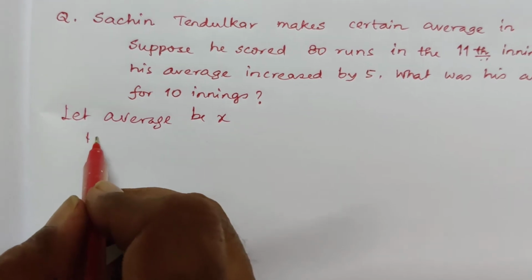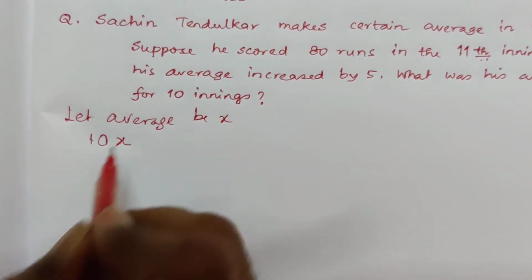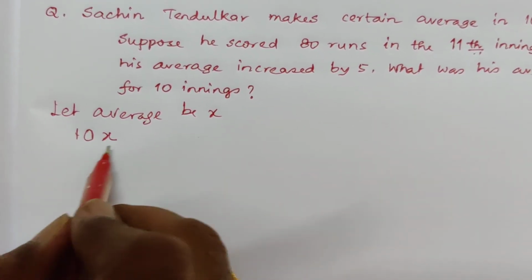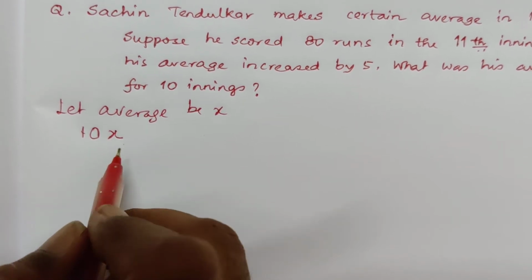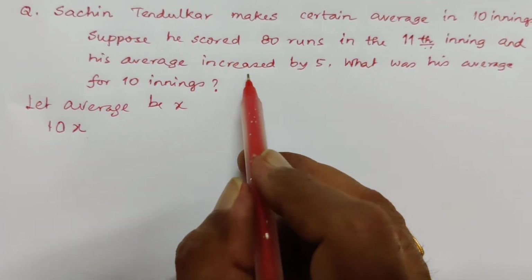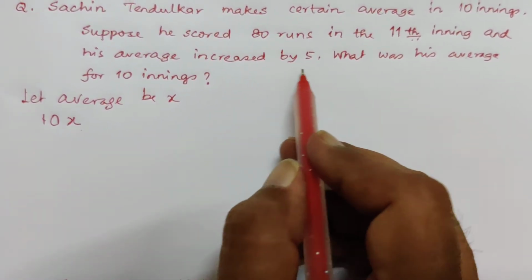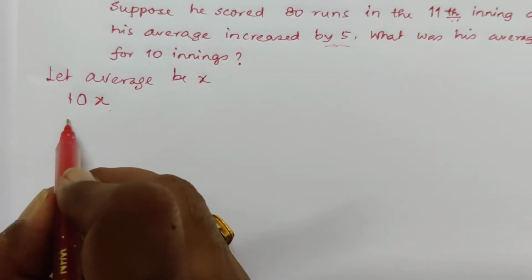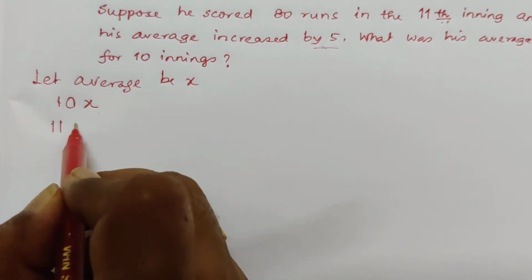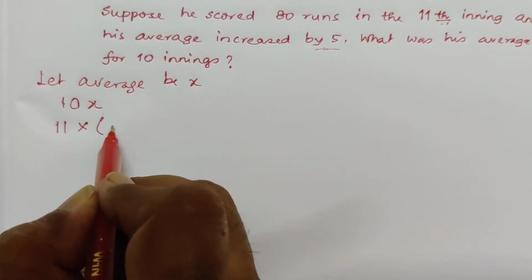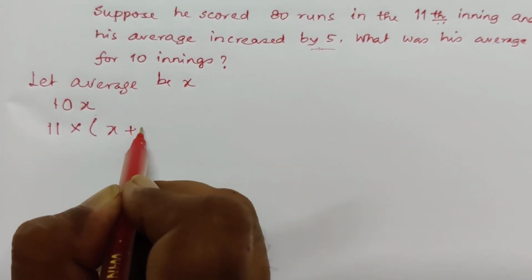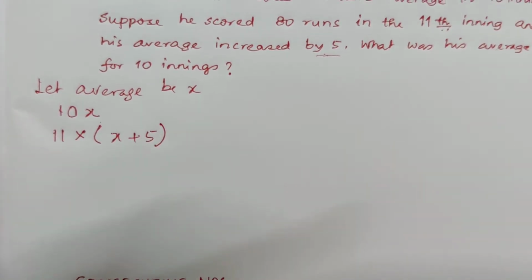Now for 10 matches, the total number of runs is 10x. After playing 11 matches, his average increased by 5, isn't it? So for 11 matches, his total runs will be 11 into x plus 5.